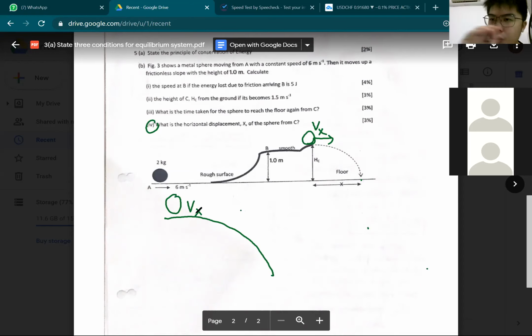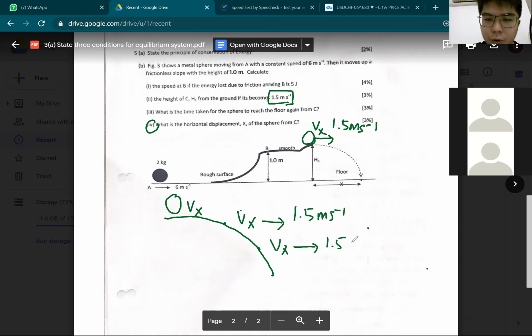At any point in time while it is falling, Vx is the same. So what is Vx actually? Vx is the velocity just before it falls. It is 1.5, given in the question, 1.5 m/s. So during the fall, the horizontal velocity will be maintained at 1.5 m/s.